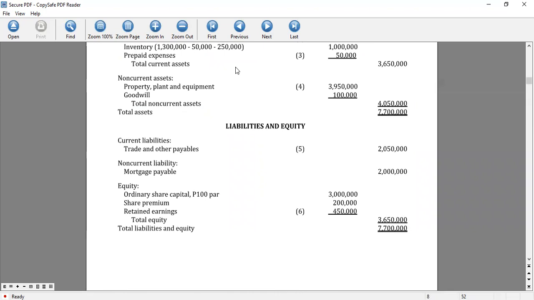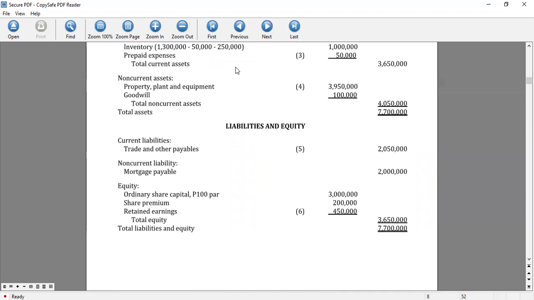Then for the non-current liability, we have the mortgage payable. The non-current liability, as stated, we have the mortgage payable in the amount of 2 million.